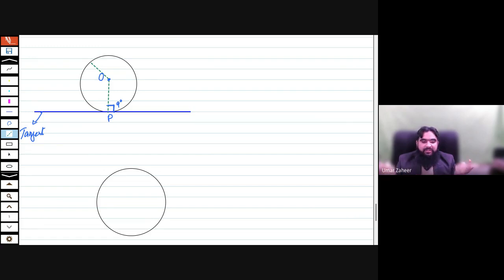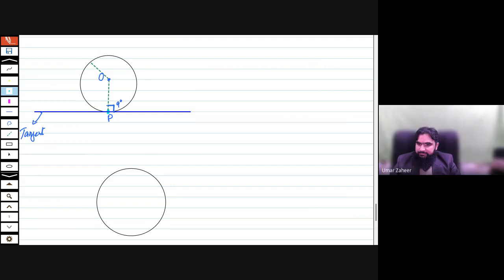If they are not meeting at the same point, there is no angle between them. So it must be a condition that they meet at the same point. Obviously, the radius will not go outside the circle.